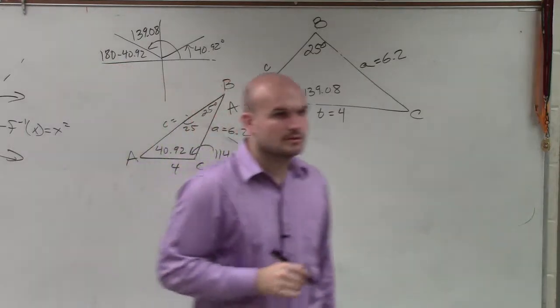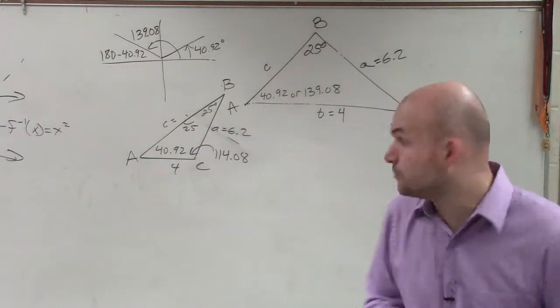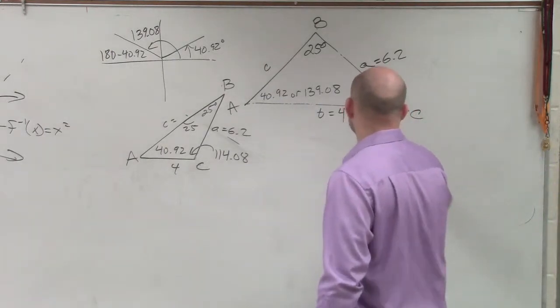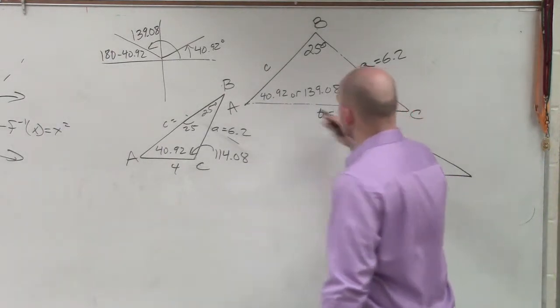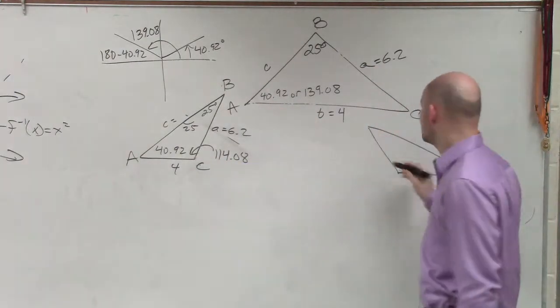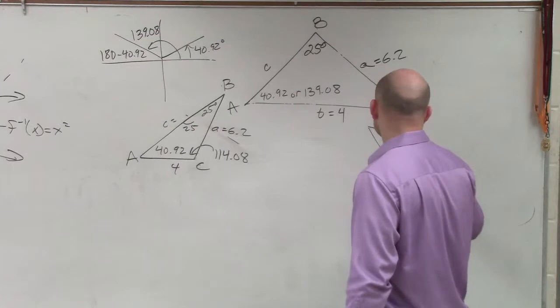OK? Then the next case is, what about if A was 139 degrees? We're doing 2 cases. I'm saying one when A is 40.92, and the other case when A is 139.